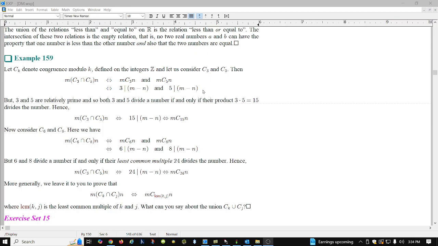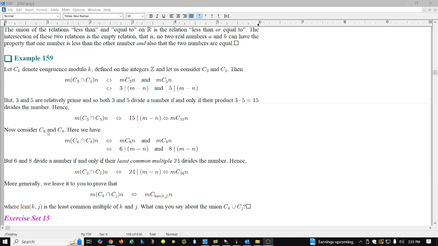Well, 3 and 5 are relatively prime, and so if both 3 and 5 divide any number, that means their product 15 will divide the number, and conversely. So M is related to N if and only if 15 divides the difference. In other words, M is congruent to N mod 15.